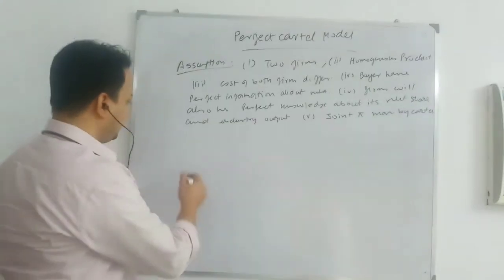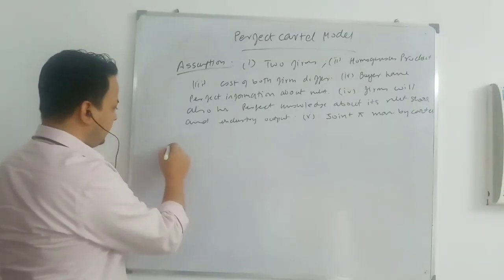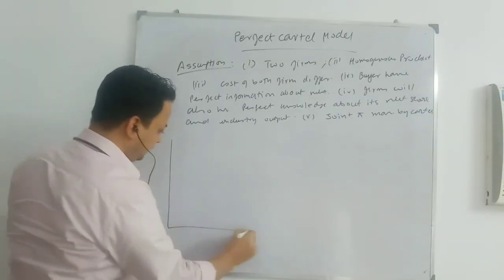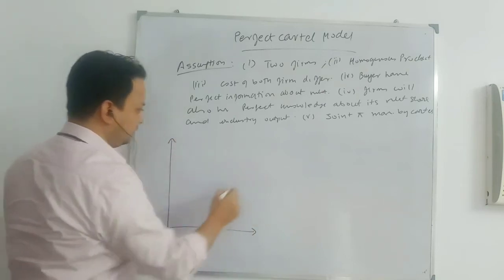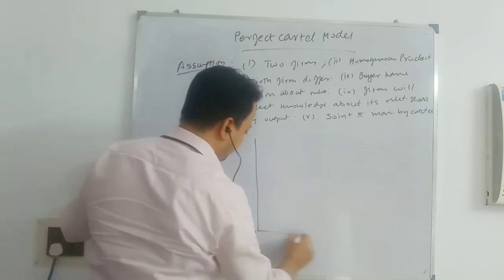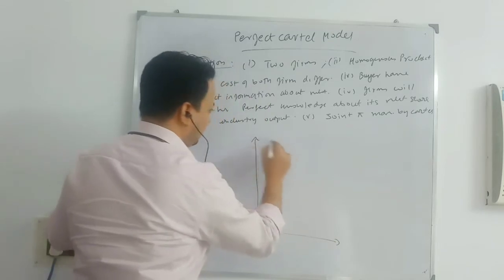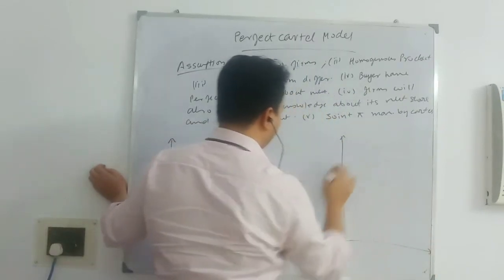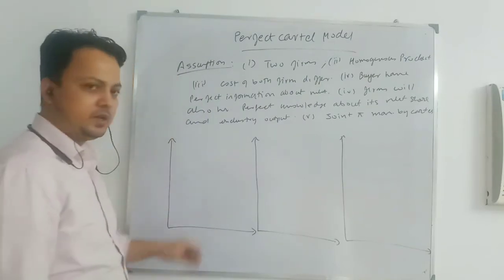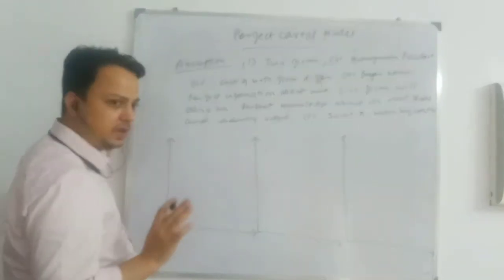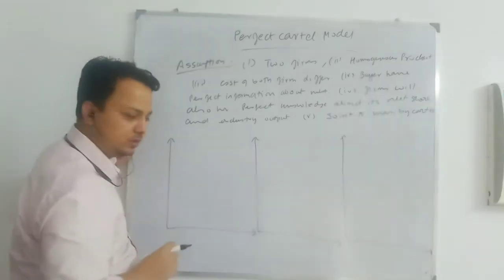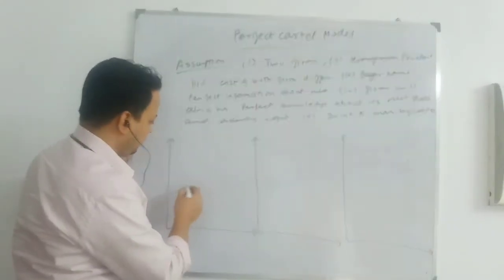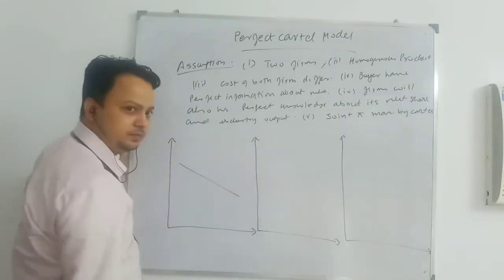So let's take two firms. Here I am taking firm 1, here firm 2, and here the industry. Before I do that, one thing I want to make clear. Suppose this is a demand curve.